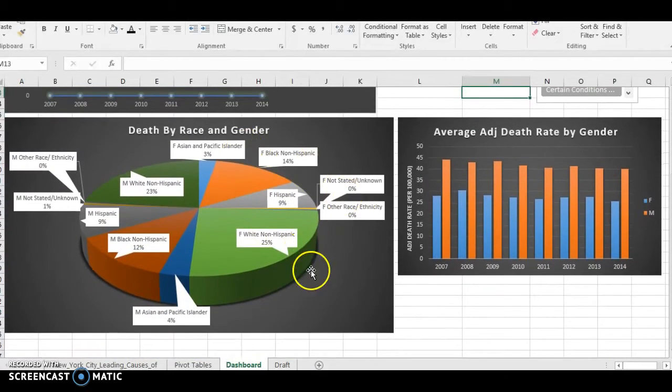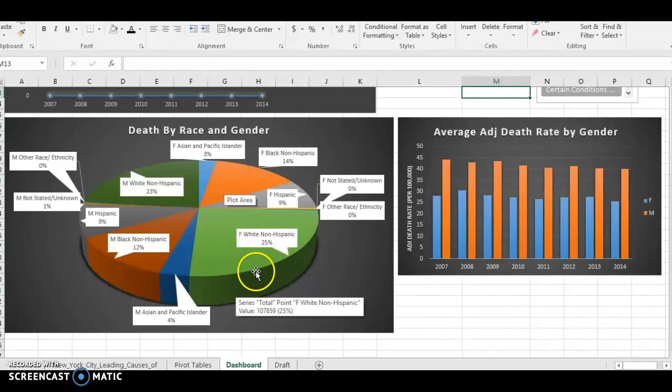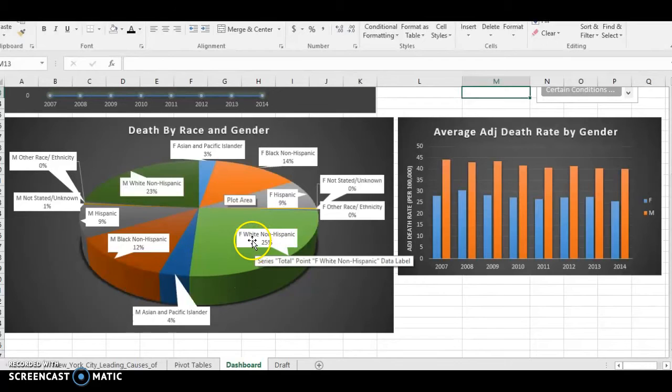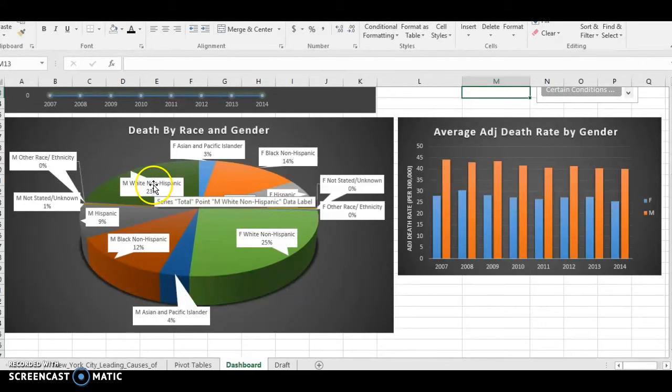Let's first look at the pie chart. With this pie chart, I want to show the percentage of deaths divided by both gender and ethnicity. So we can see here white female and white male have a relatively large proportion.